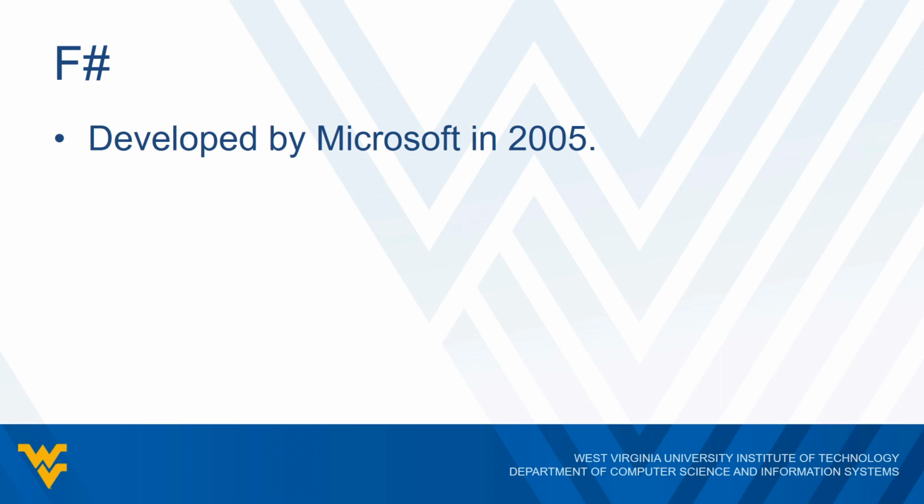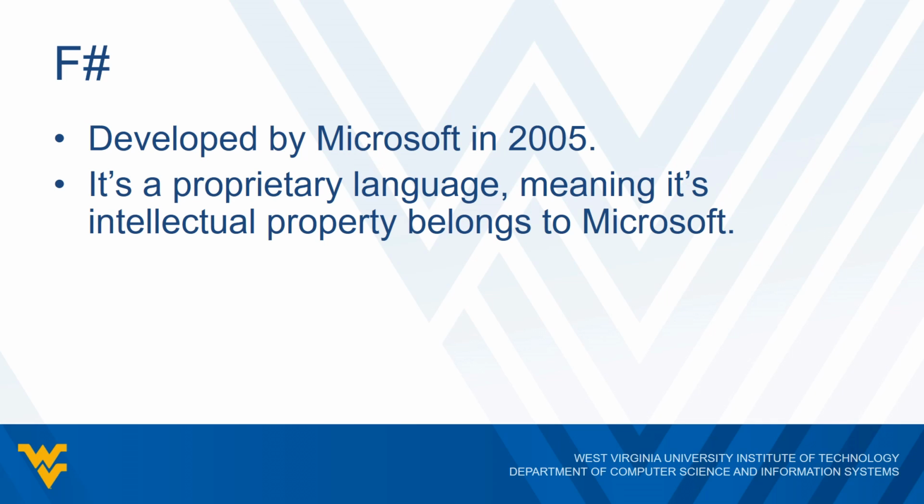F Sharp is a new language developed by Microsoft in 2005 and is now included as a language in the Microsoft development environment, Visual Studio. In contrast to the open source Go language, F Sharp is a proprietary language, meaning its intellectual property belongs to Microsoft.